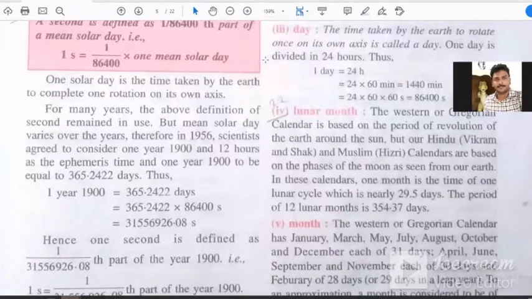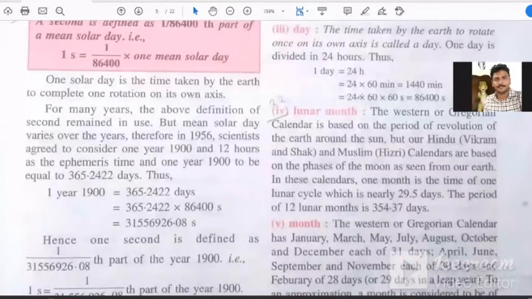It starts with January, February, and you can see that some months have 31 days and some have 30 days. February may have 28 or 29 days, depending on whether the year is a leap year or not.